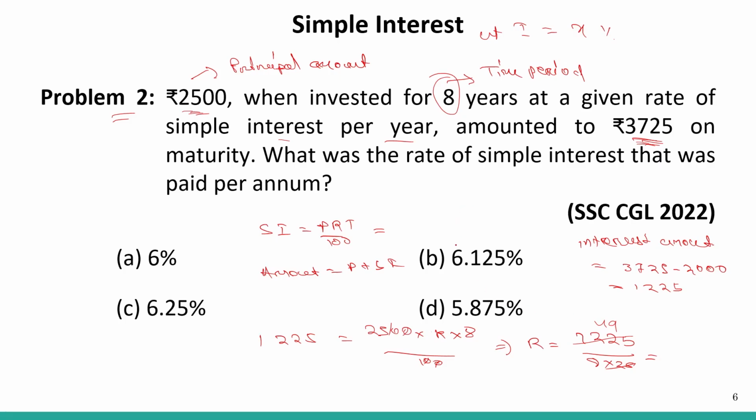If we divide it by 2, it will be 24.5, and this will be 4. So it will be 6.125%. So option number B, that is 6.125%, will be the correct option.